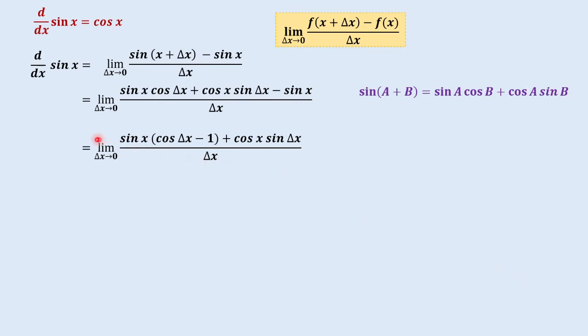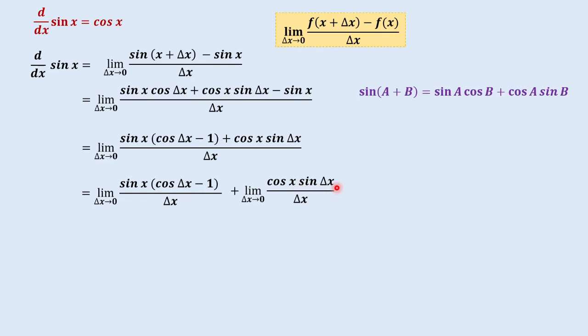Using addition theorem, we can express this as the limit of sine x times cosine of delta x minus 1 over delta x as delta x approaches 0 plus this part. So we have the limit of cosine x times sine of delta x over delta x as delta x approaches 0. Since this is approaching delta x, we can move sine x and cosine x.